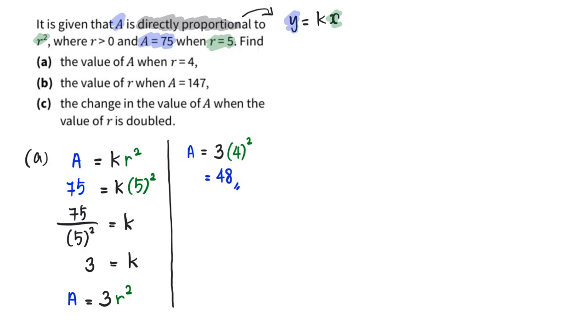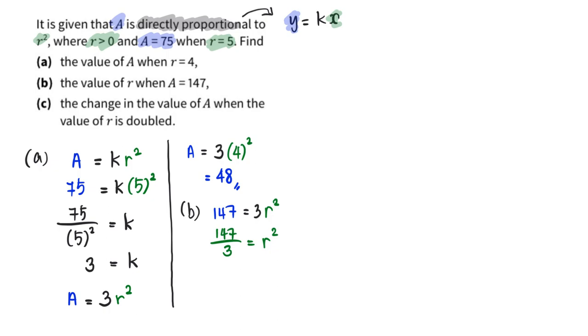For part B, find the value of r when a is 147. This one is equals to 3 times r squared, where r must be, do take note, the question already states r must be the positive value. So all I need to do to find r is to have 147 divided by 3 to give me r squared.